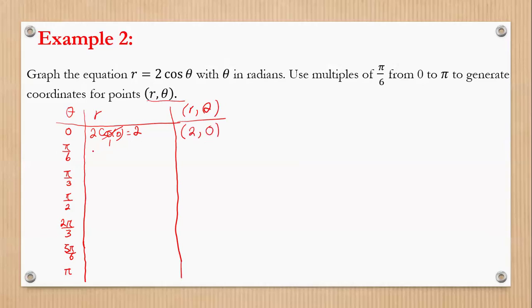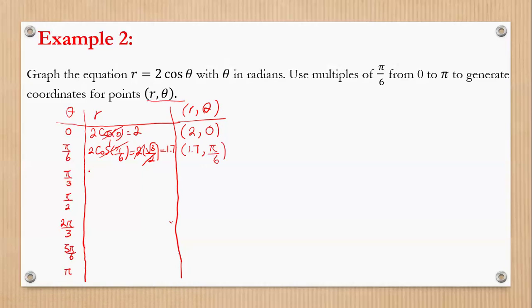If I replace theta by pi over 6, I get 2 cosine of pi over 6, and I know cosine of 30 degrees or pi over 6 is root 3 over 2, and simplifying these two, I will have root 3, and I know root 3, if I put it in a calculator, is 1.7. So the next point is 1.7 and pi over 6.